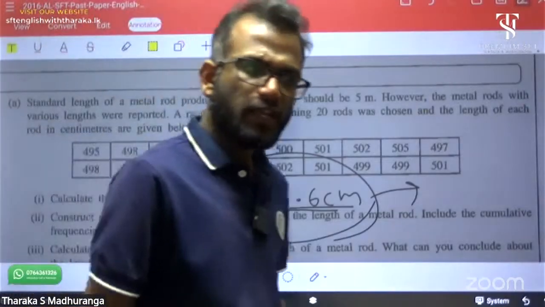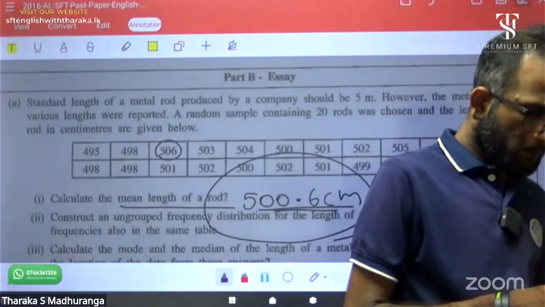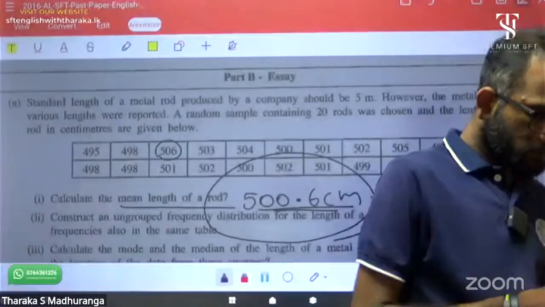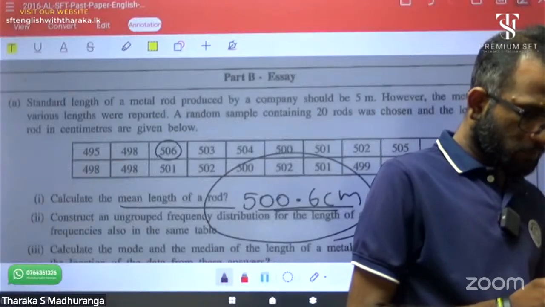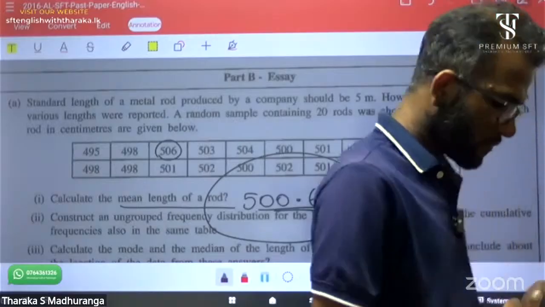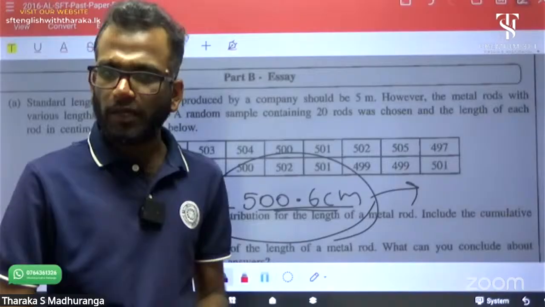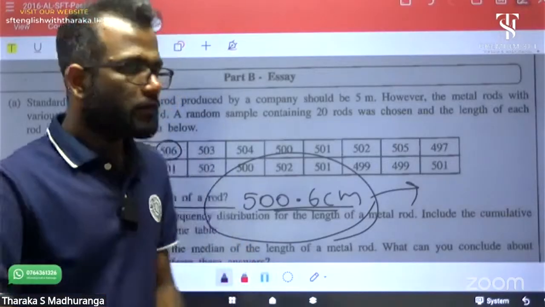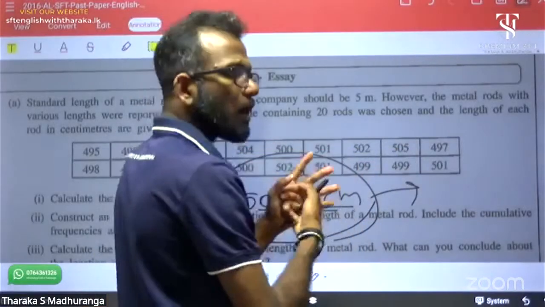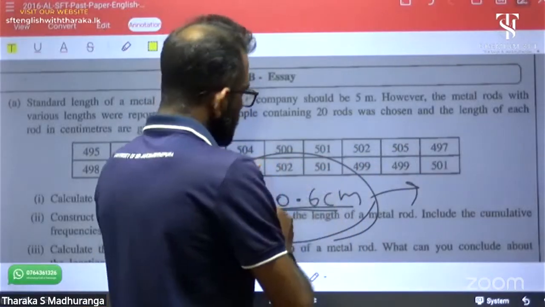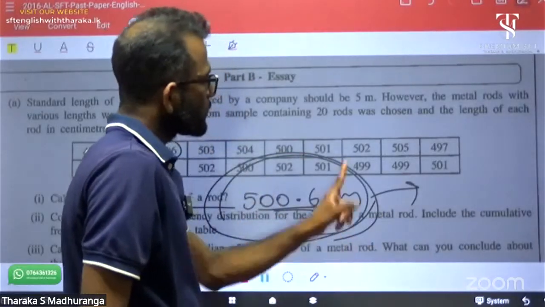Anyone? What's the reason? Salmia? If you add all these numbers and divide by the number of data, this is the actual mean, 500.6.